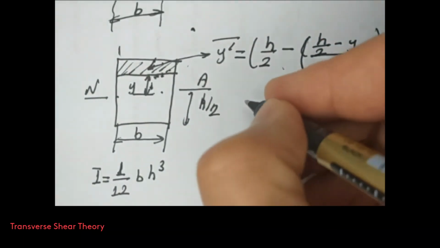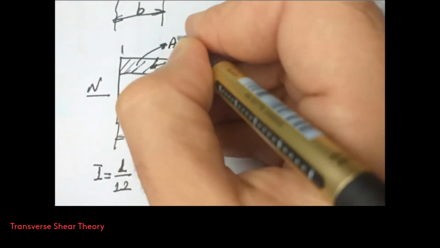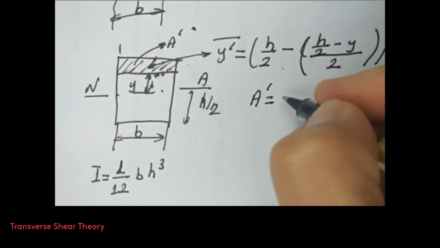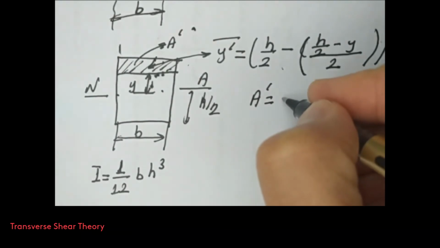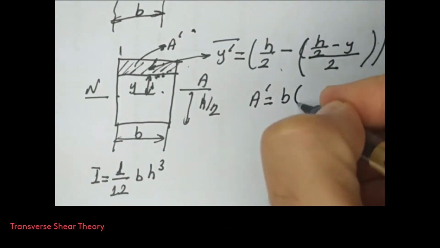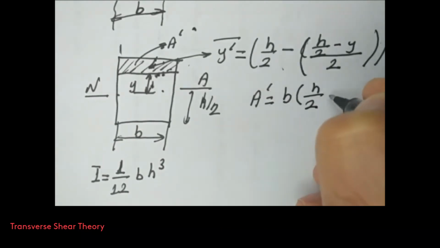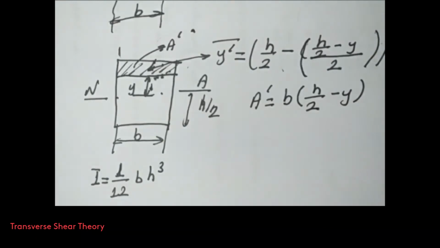And then we need to calculate the area. This is our area. A prime is equal to B multiplied by h divided by 2 minus y. So this is our expression.